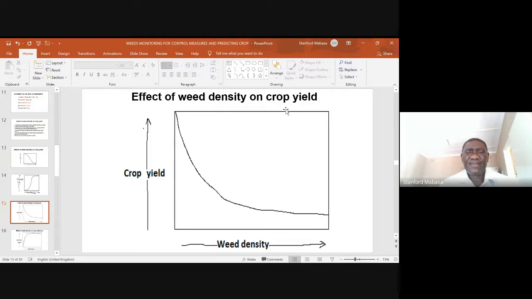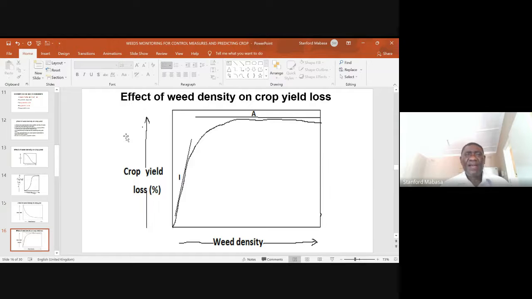However, Cousens proposed that as long as there are weeds, we should get a loss. So he proposed a rectangular hyperbola, which is this curve. As we increase weed density, we get a hyperbolic curve. Again, the crop yield loss is also in the form of a rectangular hyperbola.